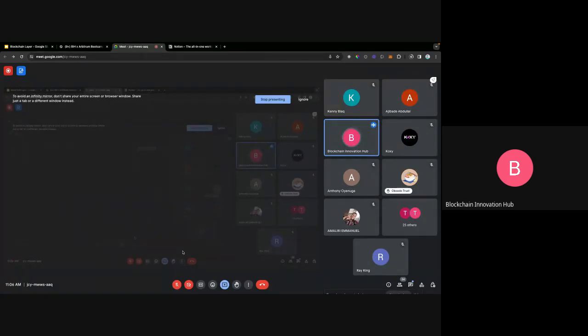Validium is also a scaling solution that uses off-chain data availability and computation to improve the throughput of transactions. So it's just another layer two solution, basically like ZK rollup.